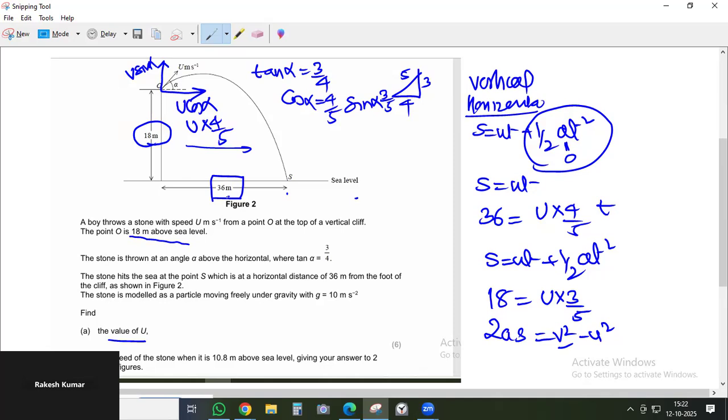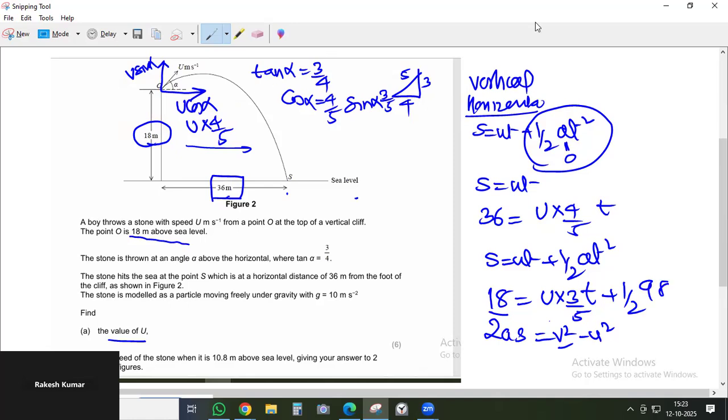Okay. Then if I know this is 18, if I know this tan alpha, I got another equation. So can I use those two equations? I can. So what I will do is u into 3 by 5 into t plus half into 9.8, taking 10.